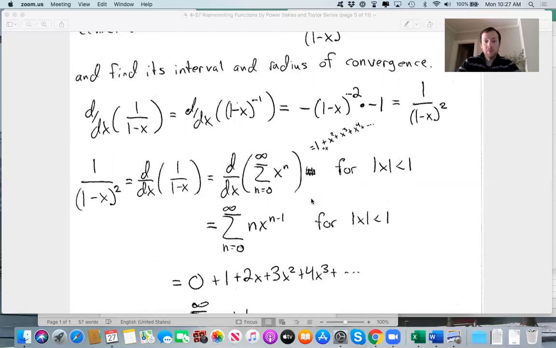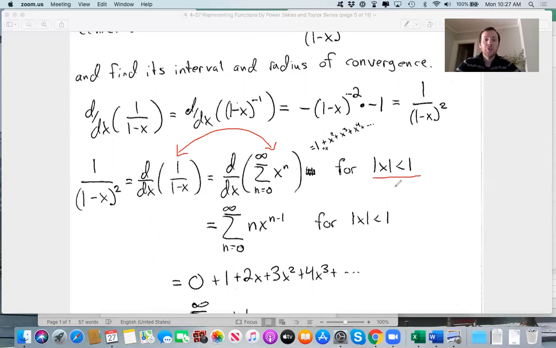What's also important to point out is that the original series, so that's this connection, 1 over 1 minus x, and the sum of x to the n, that correspondence, that representation worked on absolute value of x less than 1.